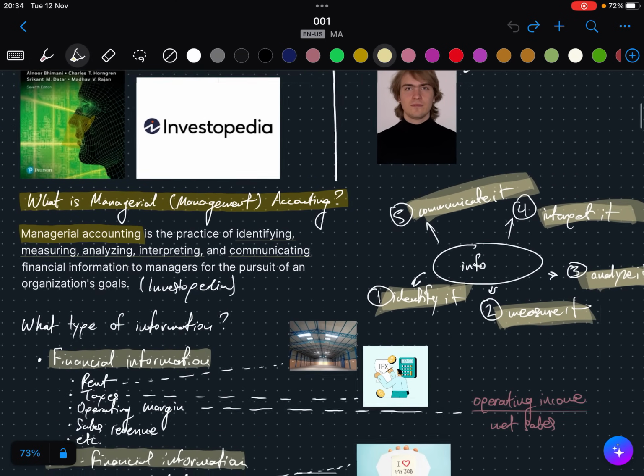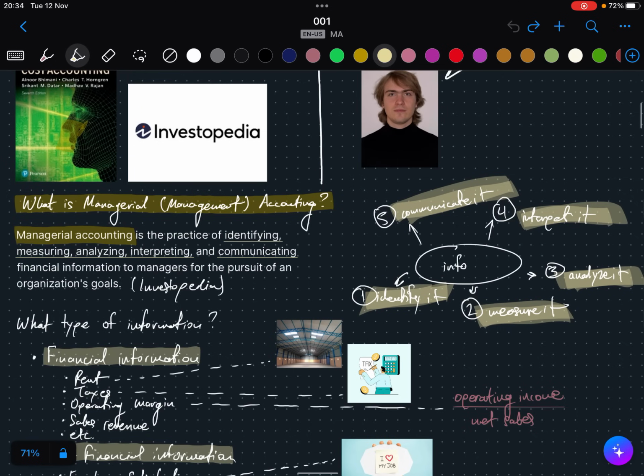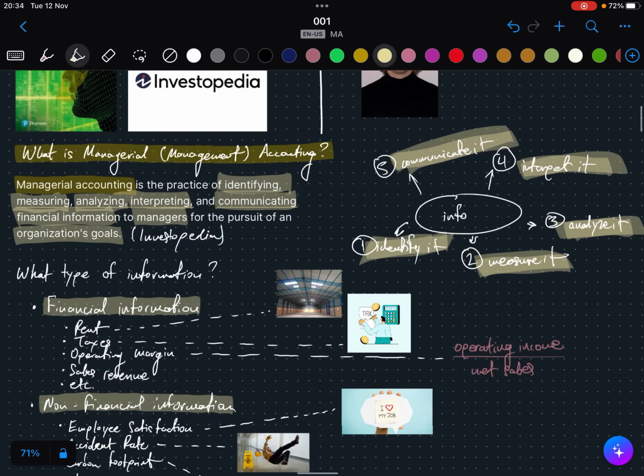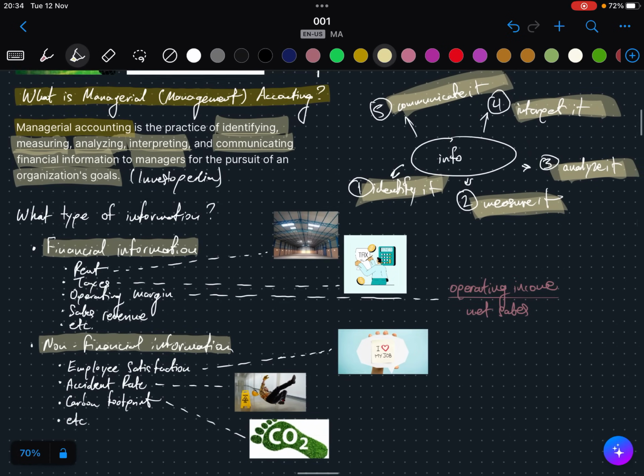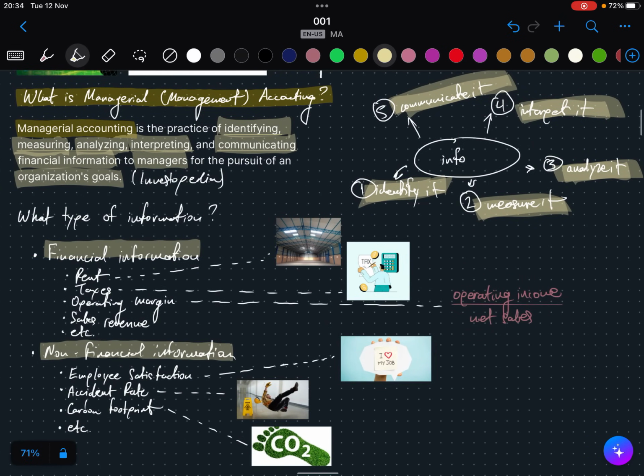So, according to Wikipedia, managerial accounting is the practice of identifying, measuring, analyzing, interpreting, and communicating financial information to managers for the pursuit of an organization's goals. All right, so what would be financial information?